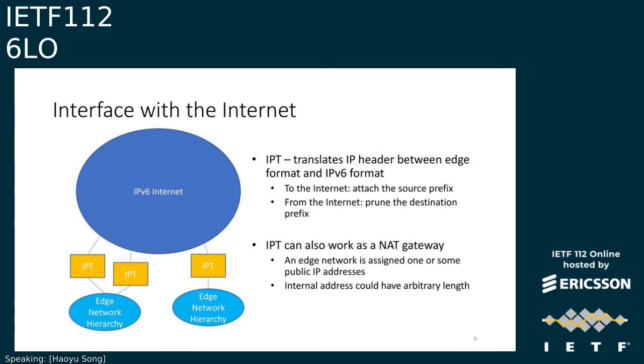In the following slides, I also show its relationship with current existing header compression schemes. Basically, it's orthogonal to those schemes. Those schemes can still apply, but this scheme alone is stateless and is applicable to all kinds of networks.